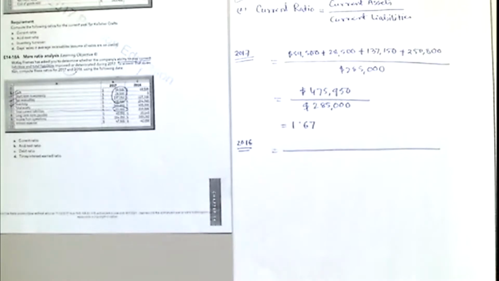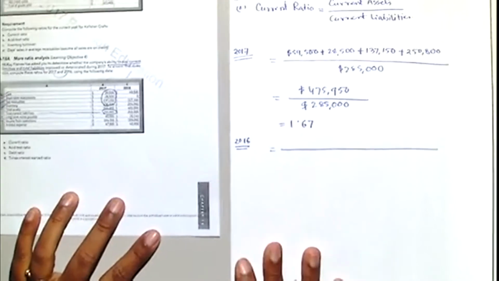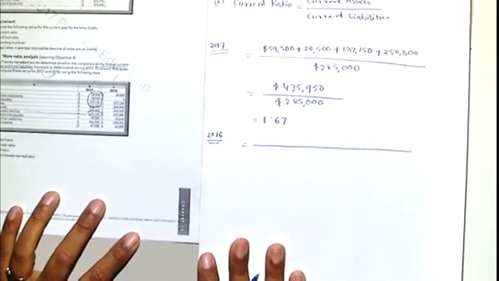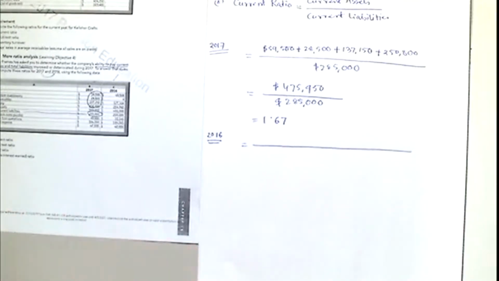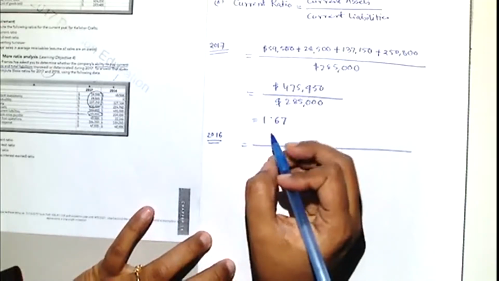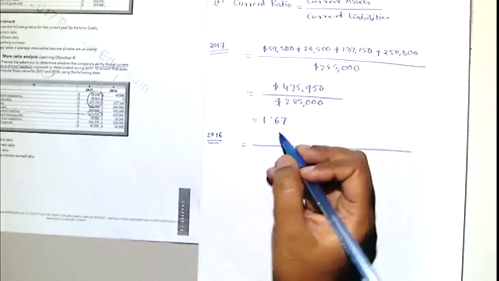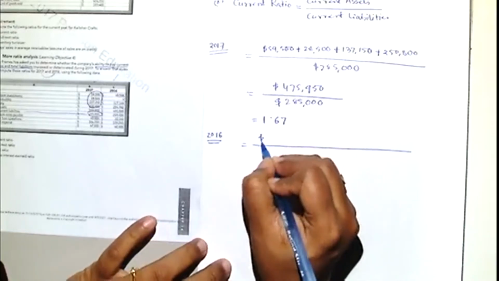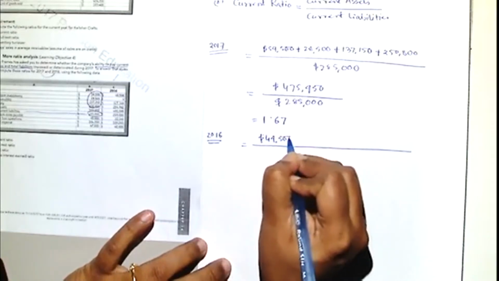2016. Emma, for 2016, what are the items you need to consider for current assets? Cash, short-term investment. Okay, so can you tell me the items here? 49,500.